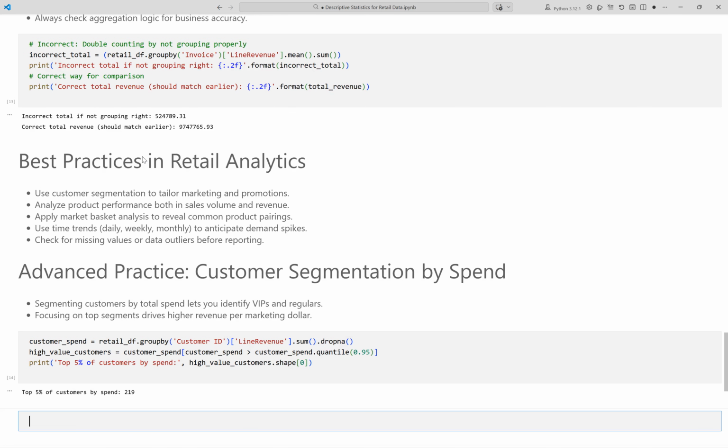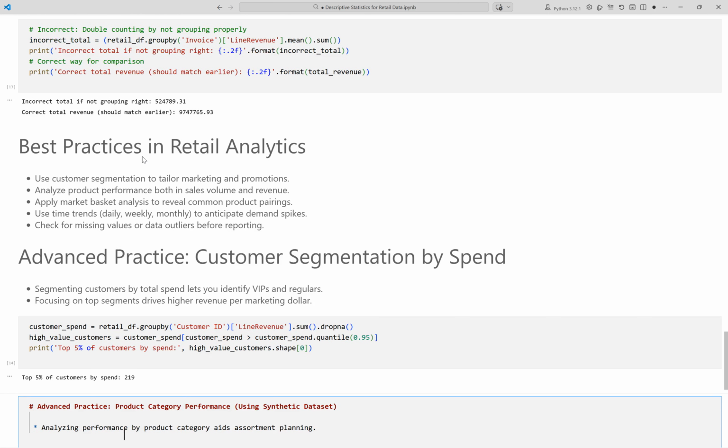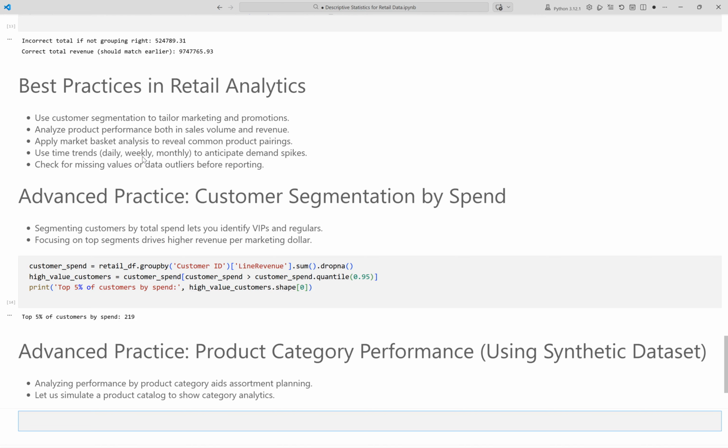Advanced practice, product category performance, using synthetic dataset. Analyzing performance by product category aids assortment planning. Let us simulate a product catalog to show category analytics. Running the cell now. We use NumPy and Pandas to simulate a typical product catalog.